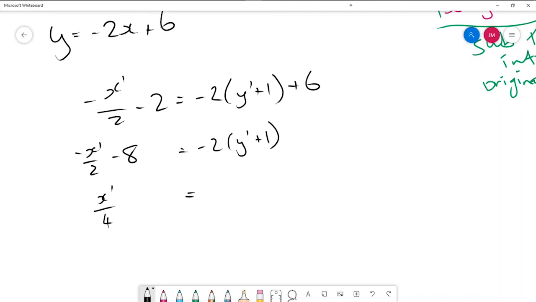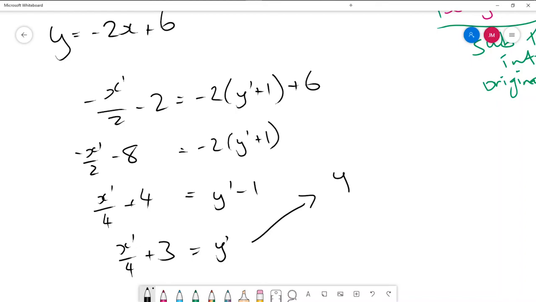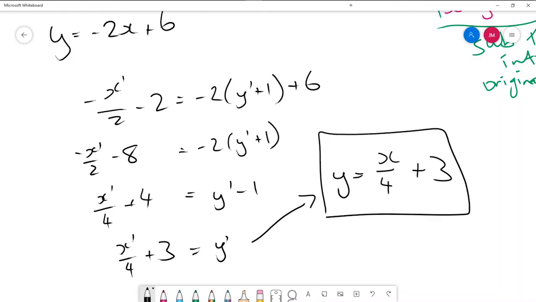Negative 8 divided by negative 2 is positive 4. And then we've got y dash minus 1. So then y dash must be x dash on 4 plus 3. So the new equation is y equals x on 4 plus 3. And that's question 5. You can breathe a sigh of relief.